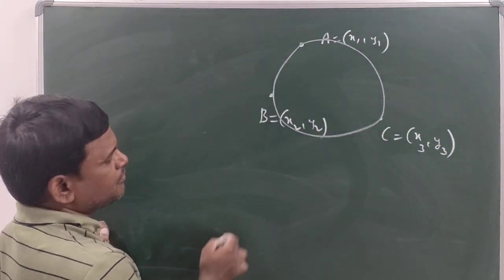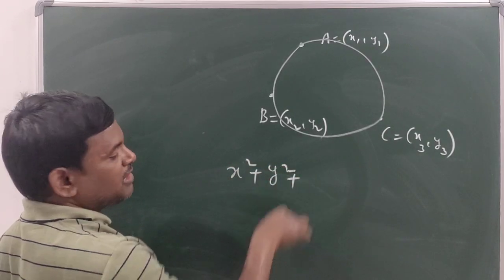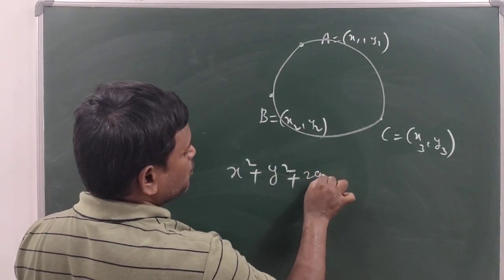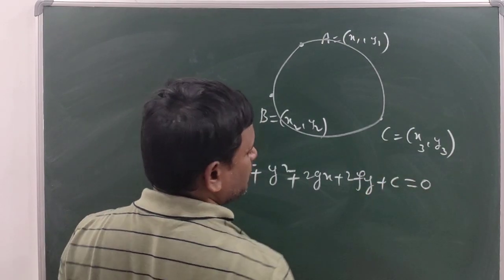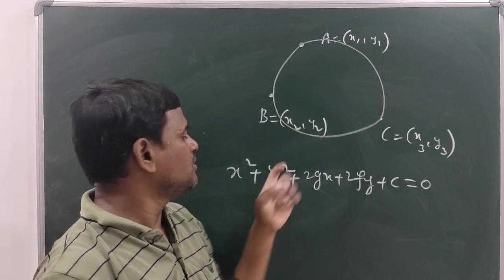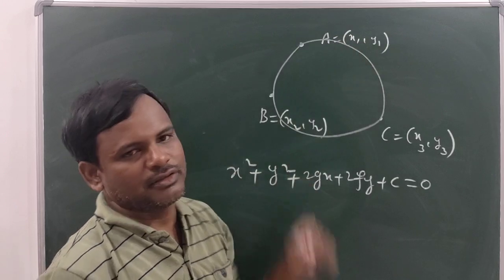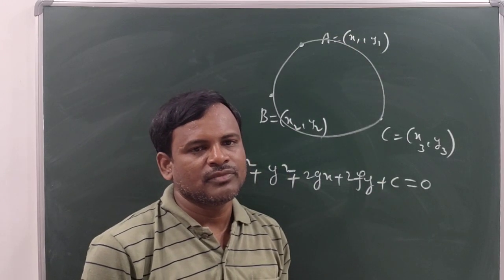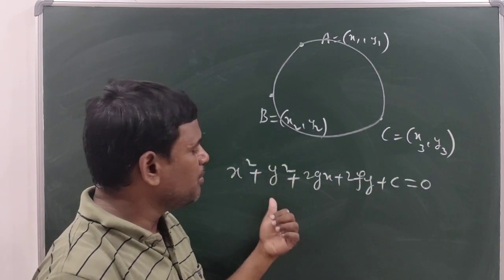See, let our required circle equation be x square plus y square plus 2gx plus 2fy plus c equal to 0. This is passing through A. Hence, in this equation, replace x, y by this point. You will get one equation in terms of g, f, c. Keep it aside and go to the second point. Substitute that second point over here.